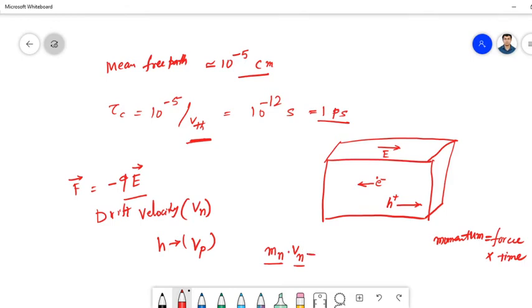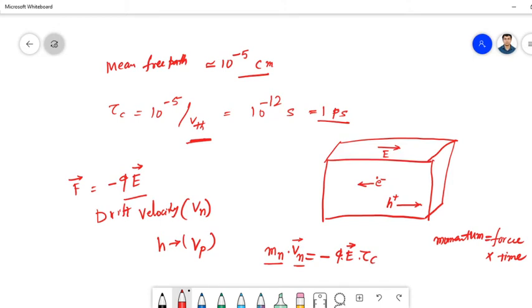So we can equate these now. Force is q into E, and we will not put it vectorially here, but we can. Time is tau c, right?